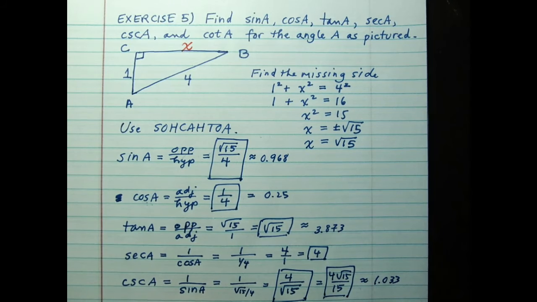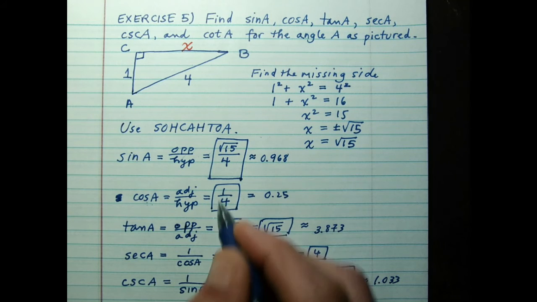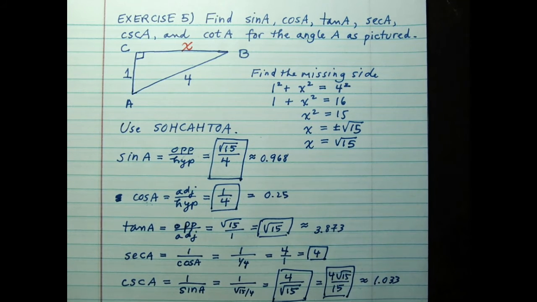And finally, cotangent A. Now, I would use the fact here that it's 1 over tangent A. It's also cosine over sine. I could take cosine divided by sine, or 1 over the tangent. 1 over the tangent is 1 over the square root of 15. I guess I'm already done just by writing that down. Of course, that rationalizes to square root of 15 over 15.